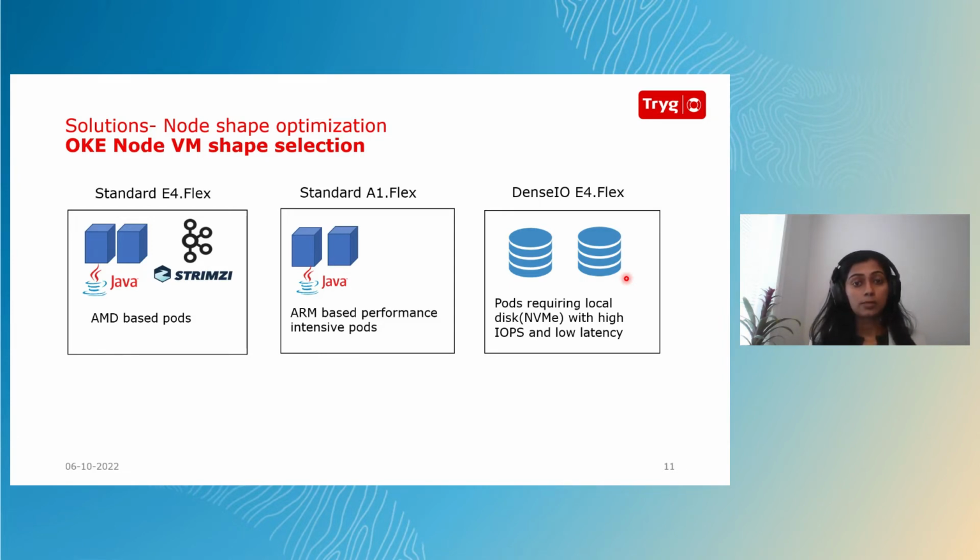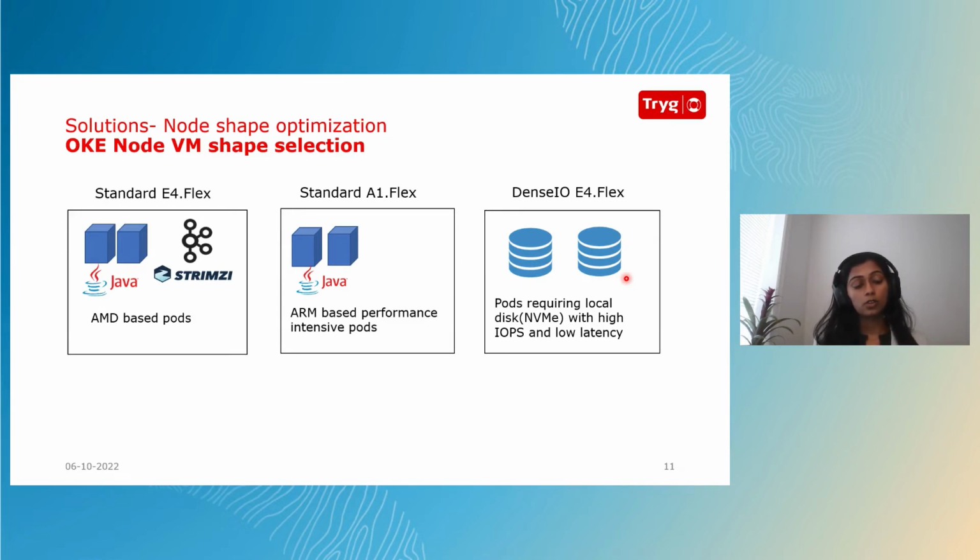Also, Oracle provides something called dense IO VMs, where there's a locally attached NVMe SSD disk, which, because it is locally attached, gives very low latency and very high IOPS. So we could leverage this. So there are these three types of VM shapes that we used. And now we have become wiser with respect to the node selection and configuration of the nodes.